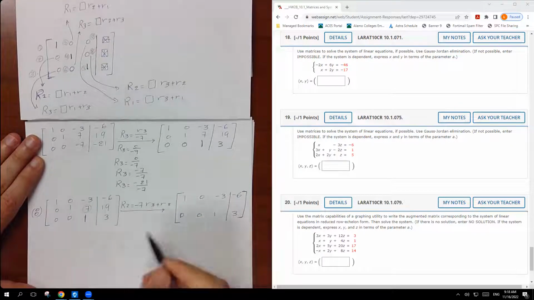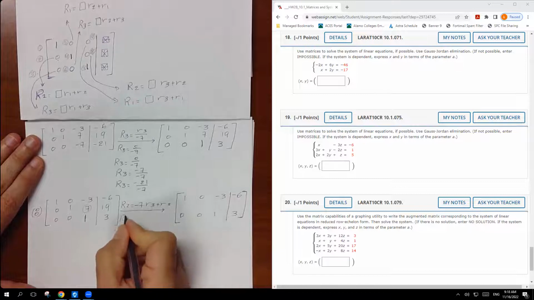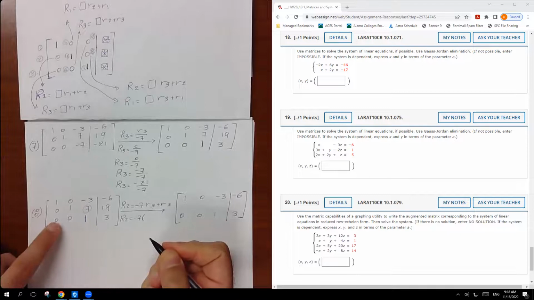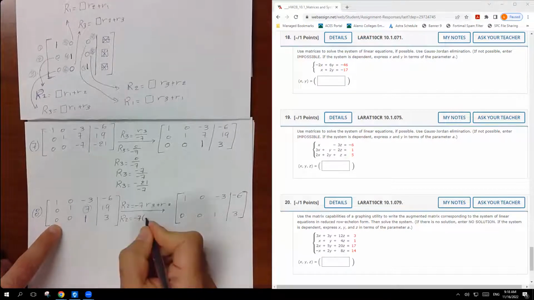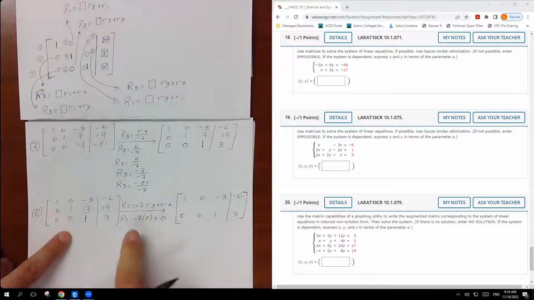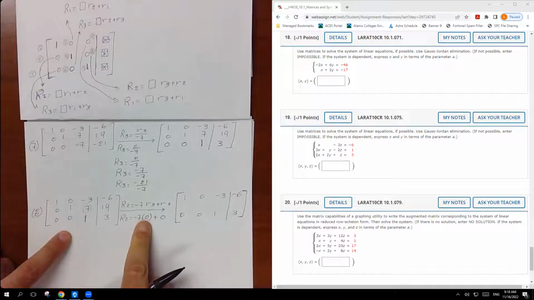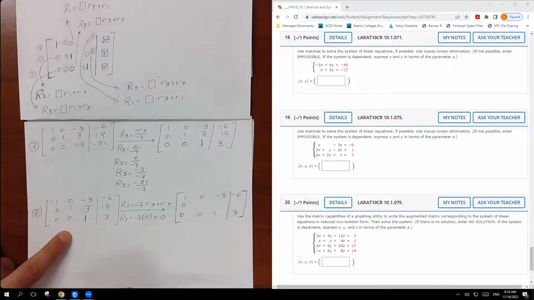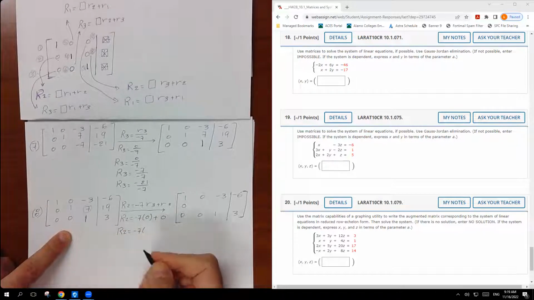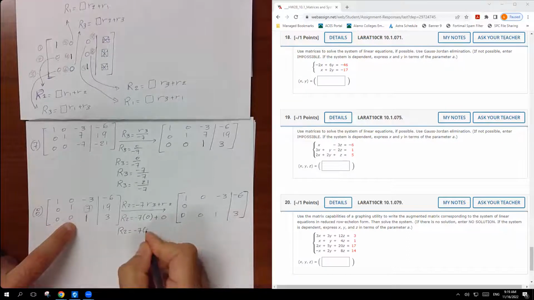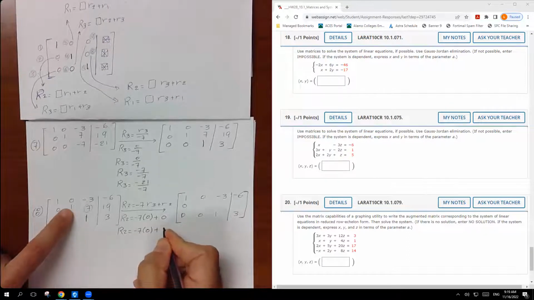Let's get a new R2. The first element is going to be -7 times R3, which is 0, plus R2, which is 0. So -7 times 0 is 0, and 0 plus 0 stays 0. The second element is -7 times R3, which is 0, plus R2, which is 1.